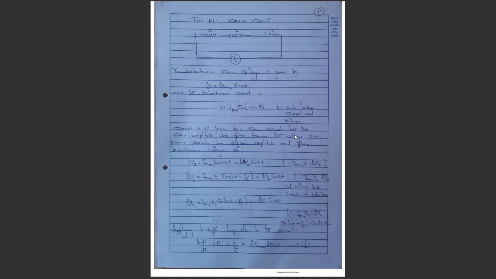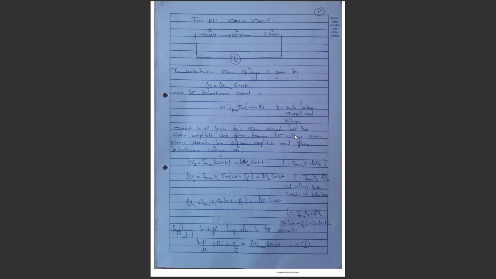Then that is also equal to our dV max R sine omega t. dV max R sine omega t is just showing us that the current is passing across the resistance. Therefore our I max R is equal to dV R.